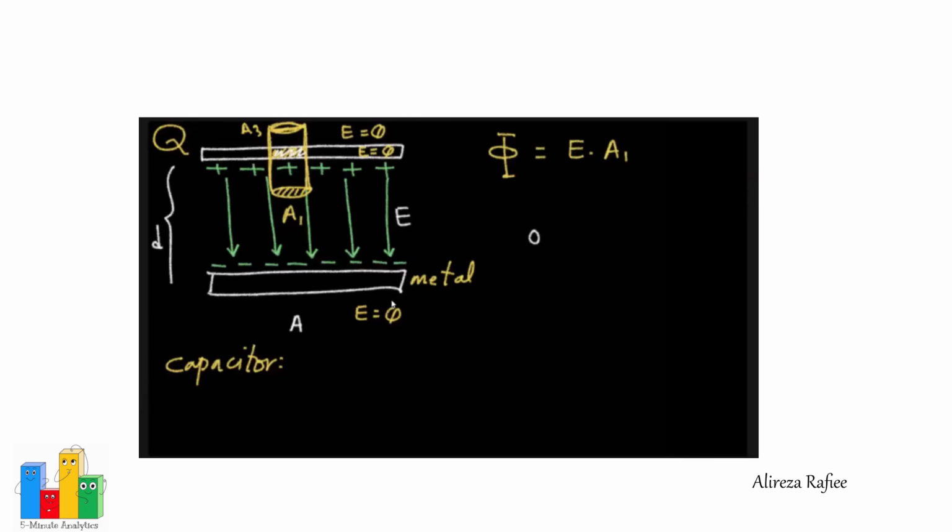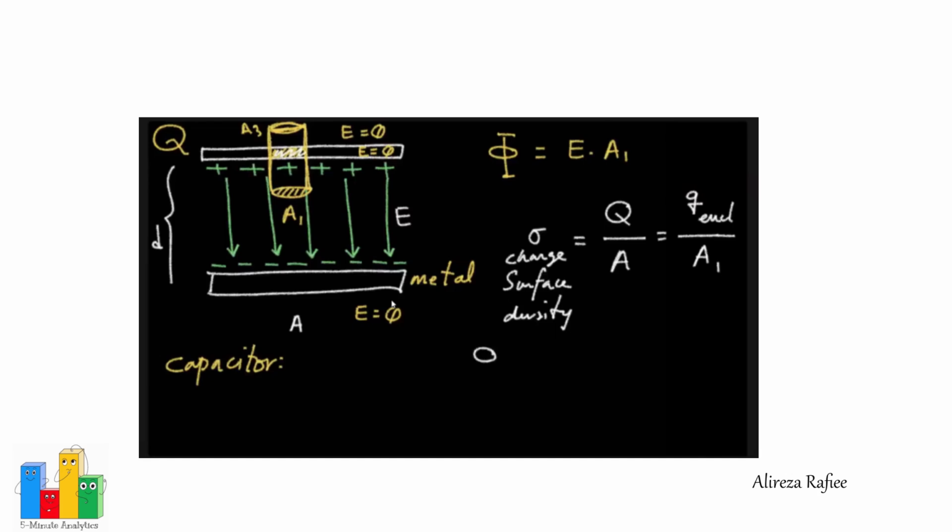So I can define sigma, which is the surface charge density, equal to the total amount of charge divided by the total amount of area, which is the same as the charge enclosed divided by the surface area A1 here.